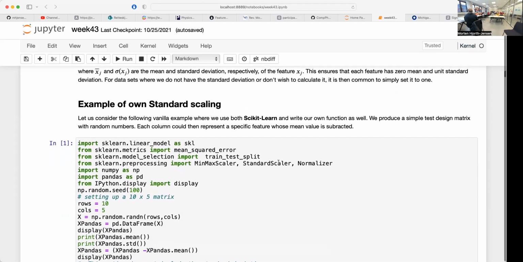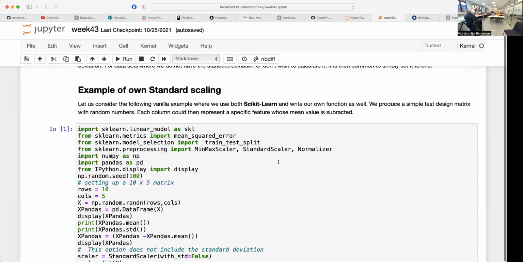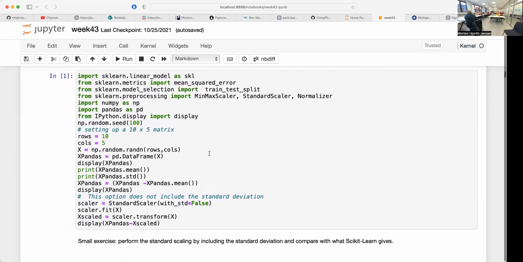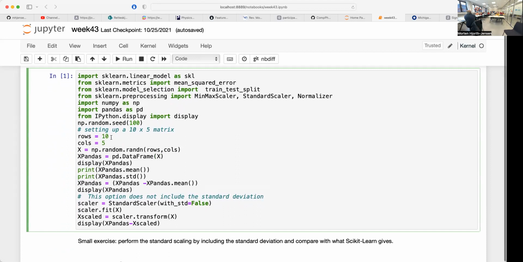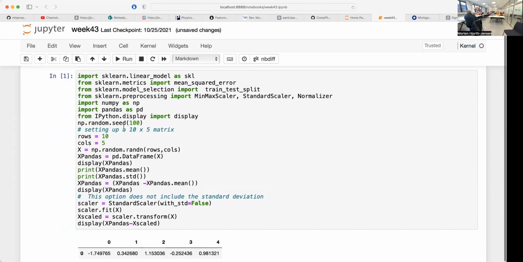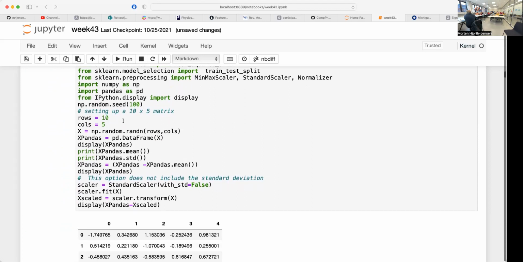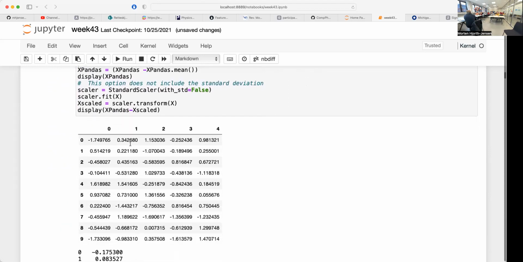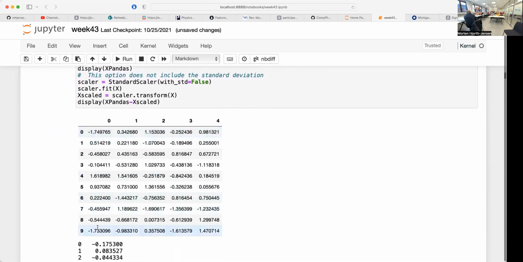There is an example here where you can actually do that if you use pandas. In this specific case, what we have is a 10 times 5 matrix we are setting up. So this is the matrix which we have here.